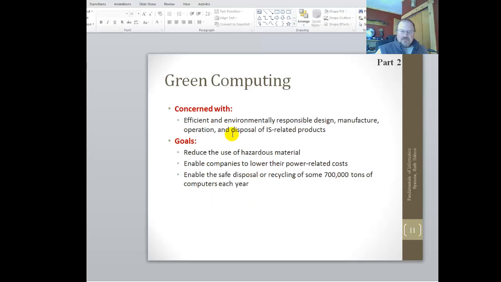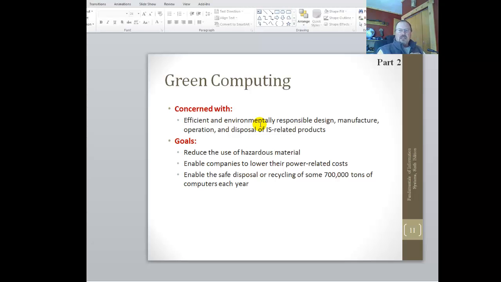Green computing, of course, is efficient and environmentally responsible design, manufacture, operation, and disposal of IT-related products. Now, just think about this as far as green is concerned. Remember the old CRTs, the old cathode ray tube, large computer screens, like the old TVs. Now think about the LED computer screens. An LED computer screen will take just a fraction of the energy that a cathode ray or a CRT screen will use.